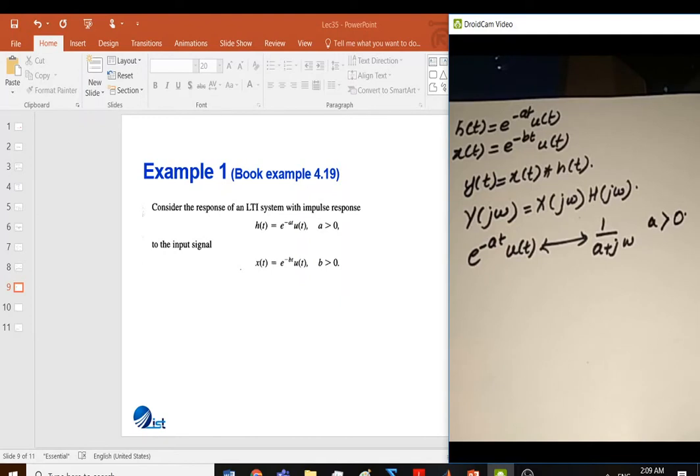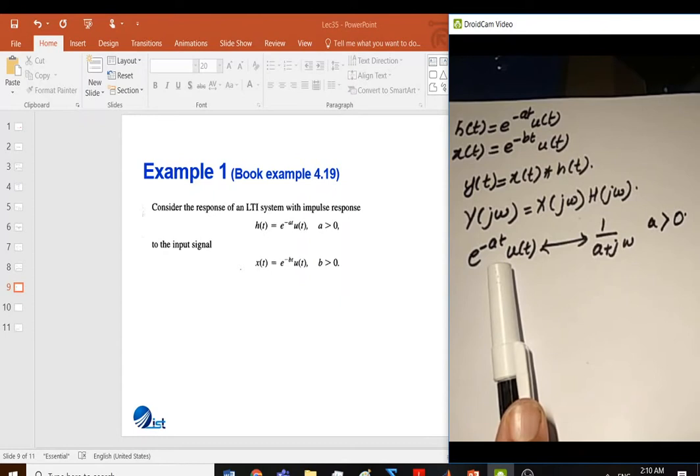So for a greater than 0, this exponential e raised to power minus at is a decaying exponential, which means that its value approaches 0 as time t approaches infinity, or the integral converges. So that is why a Fourier transform of this signal is possible, and it can be analyzed through Fourier analysis technique.